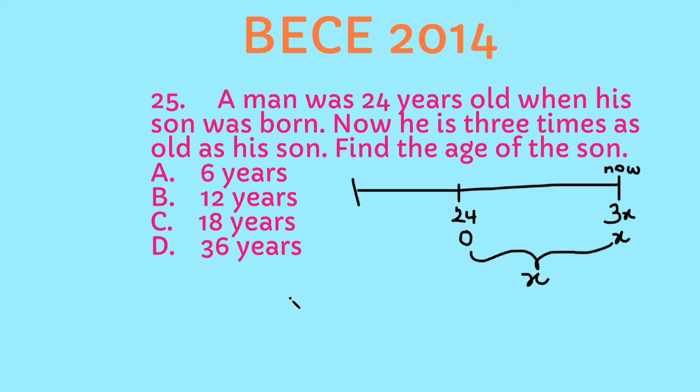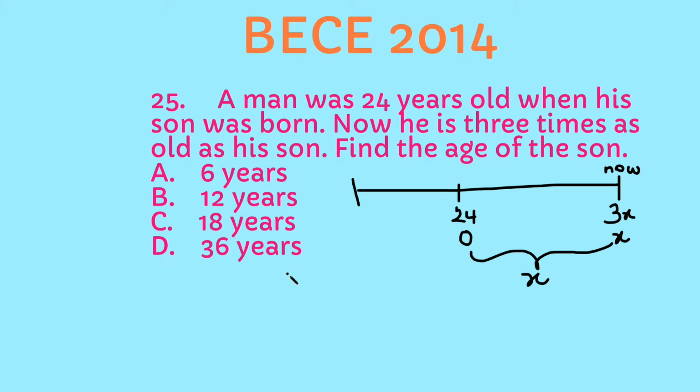With this information, the distance between when the father was 24 years old and the father's age now is the son's age, x. Because over the time from when the father was 24 to now, whatever has been added to his age at 24 is actually his son's age.